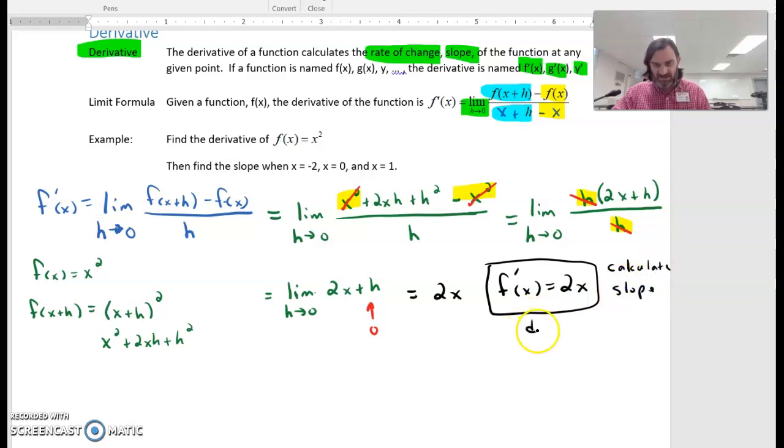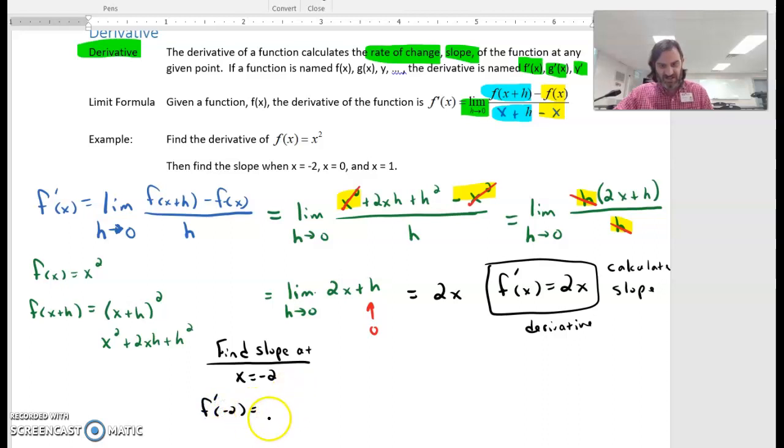And it's called the derivative. If you remember, x squared looks like that parabola. This 2x will tell us the slope anywhere we are on that parabola. So when we try to find the slope at x equals -2, we would plug that in. f prime of -2 would be -4.